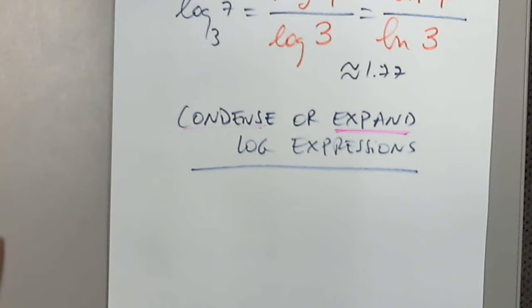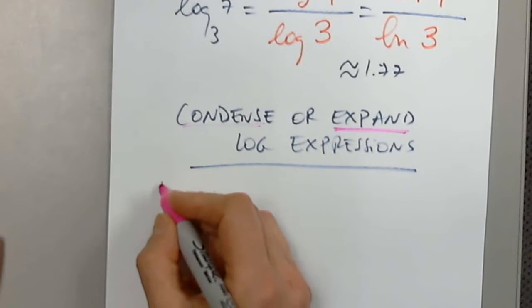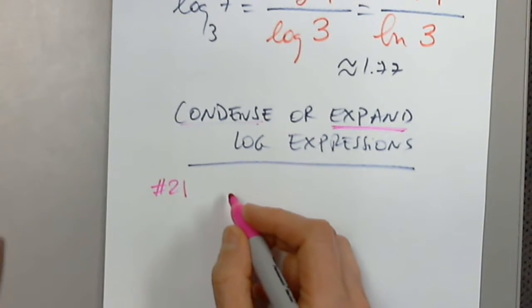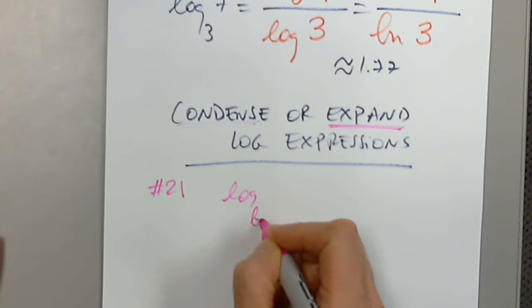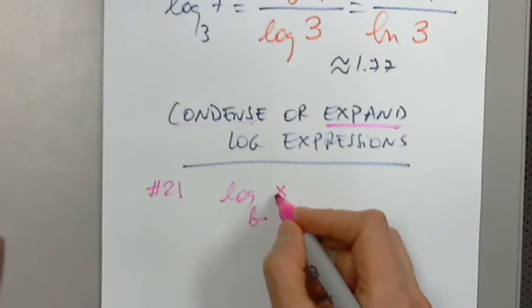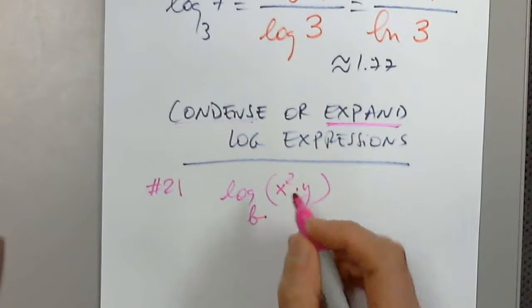So let's choose. If you have your book, you can choose for me. So I want to expand. Okay, so let's start with 21. In 21, we are given log base b of x squared times y.